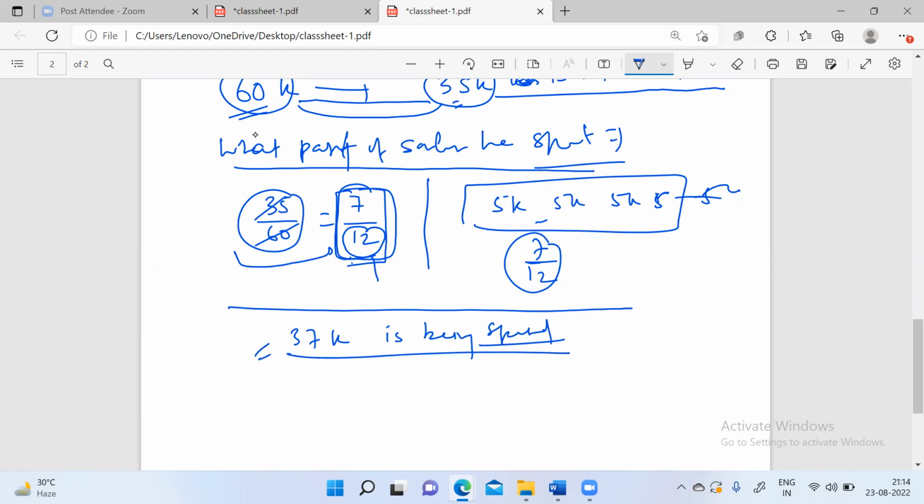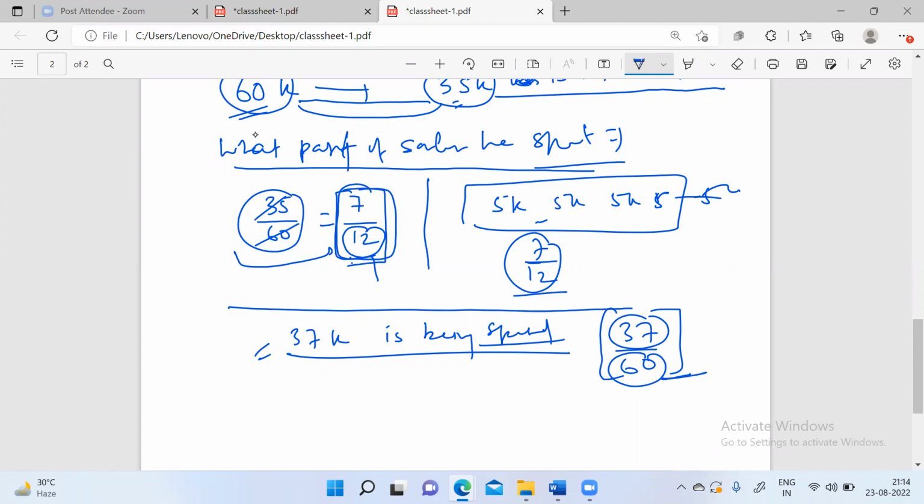You'll just say 37 by 60. You'll divide the entire salary into 60 parts and spend 37 parts out of it. So the denominator, which represents the total, could be anything. It could be 12, it could be 4, it could be 5, as per the requirement in order to represent parts.